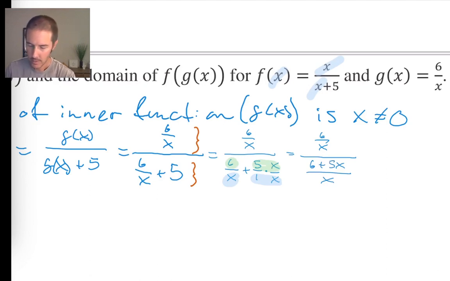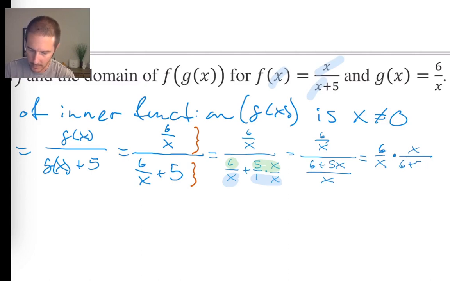However, now that we have a fraction divided by a fraction, we can use keep, change, flip. Remember that division is the same thing as multiplying by the reciprocal. So here's the 6 over x from the numerator, and instead of dividing it by the big denominator, I'm going to multiply it by the reciprocal of the big denominator. In other words, I will multiply it by x over 6 plus 5x.